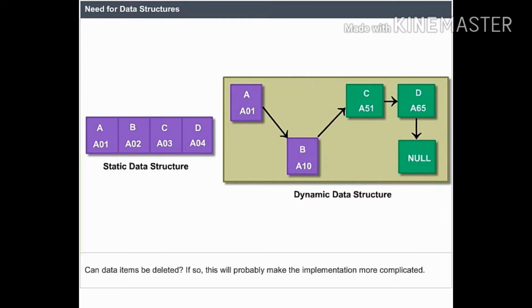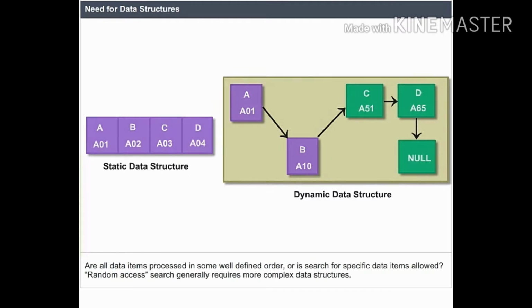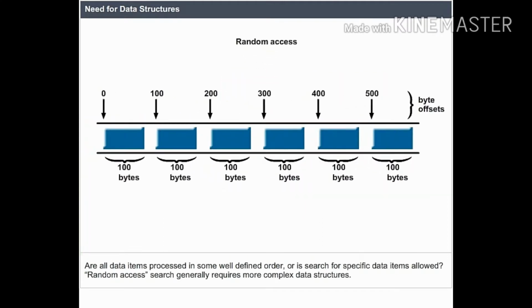Can data items be deleted? If so, this will probably make the implementation more complicated. Are all data items processed in some well-defined order, or is search for specified data items allowed? Random access search generally requires more complex data structures.